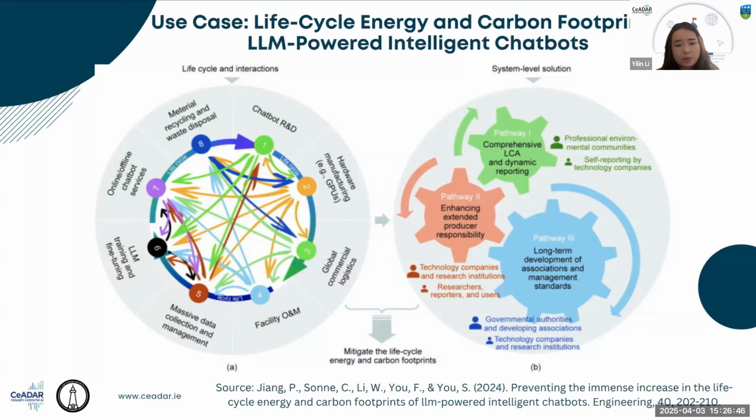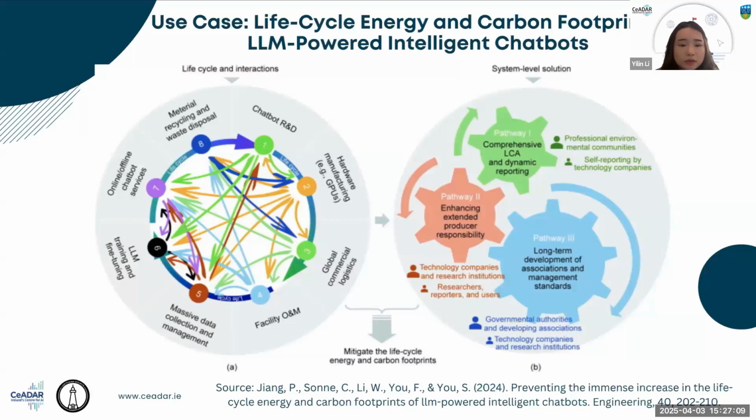Pathway 1 is about transparency, like doing a full life cycle assessment and reporting emissions clearly. The second focuses on shared responsibility, not just the companies, but also the researchers and the developers need to take action.